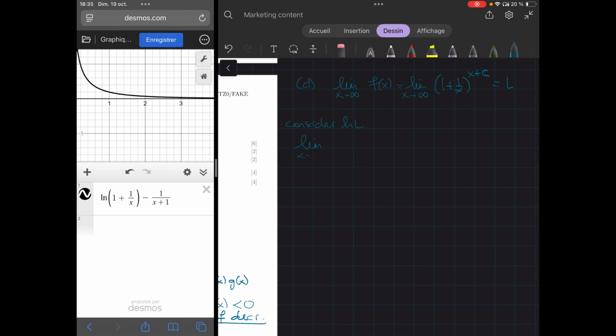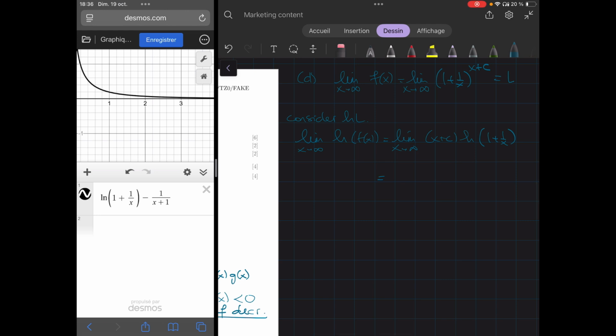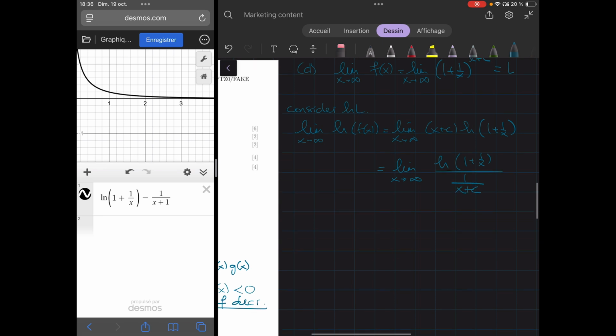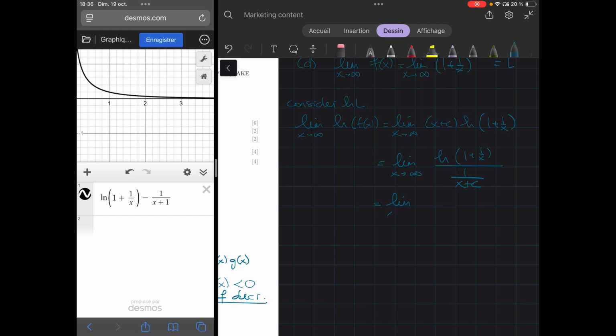The limit as x approaches infinity of ln of f of x is equal to this limit. And now we are ready to set up as a fraction. Differentiate the top and bottom.